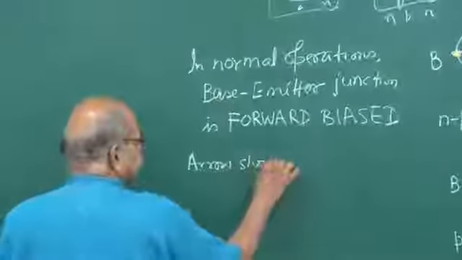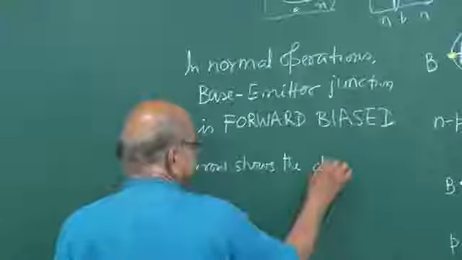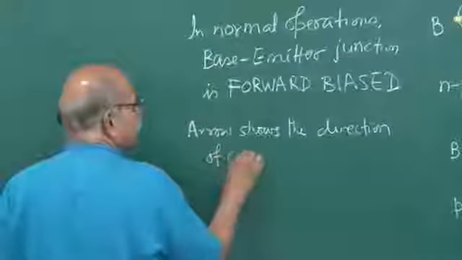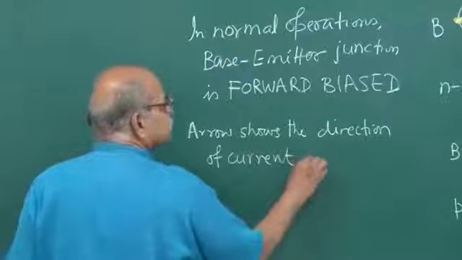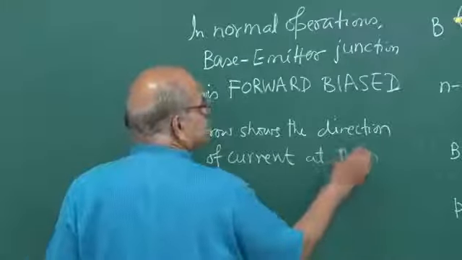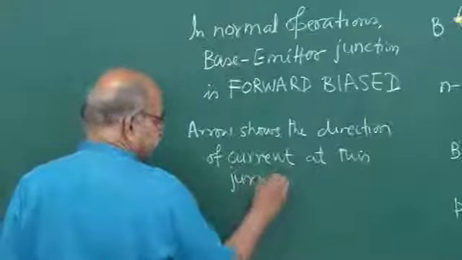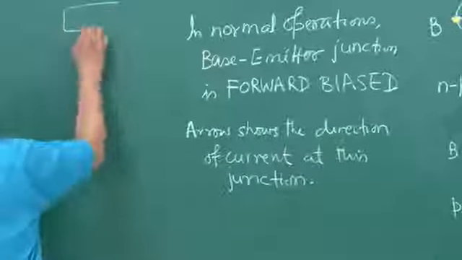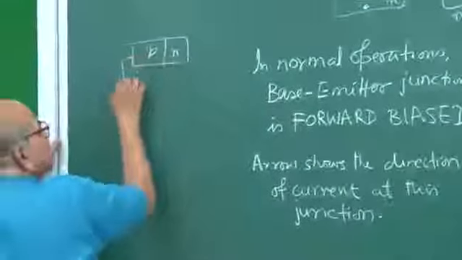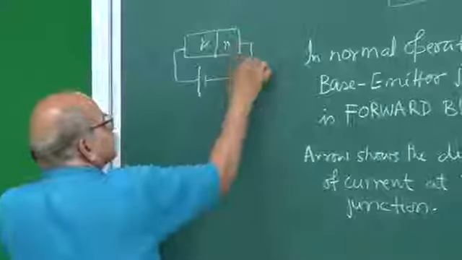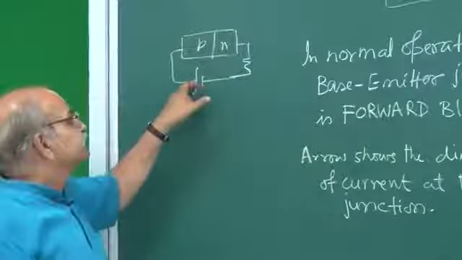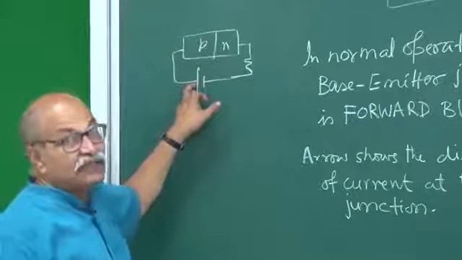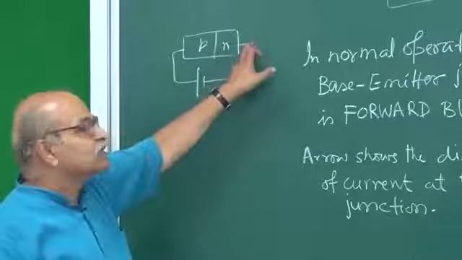Then the arrow shows the direction of current at this junction. So if you have a PN junction and you forward bias it, the P side is connected to the positive of the cell or higher potential, and the N side is connected to the lower potential.